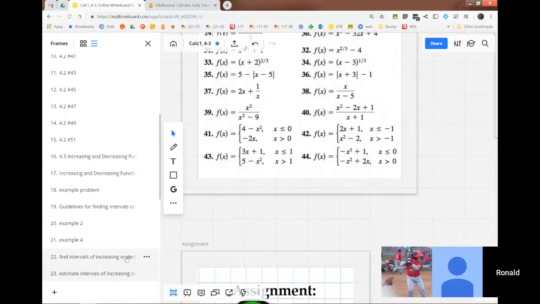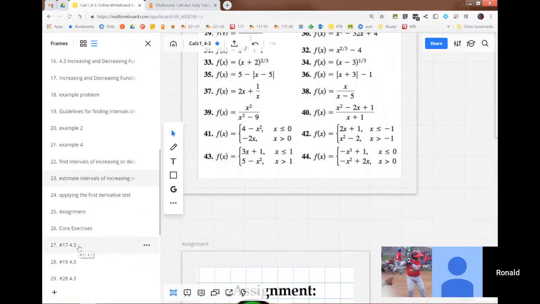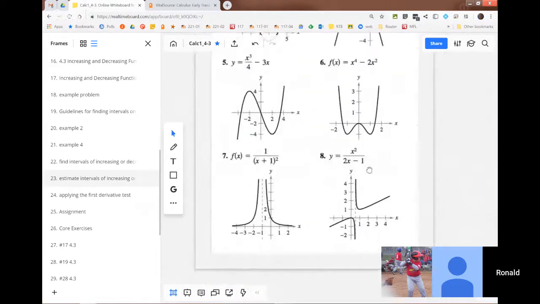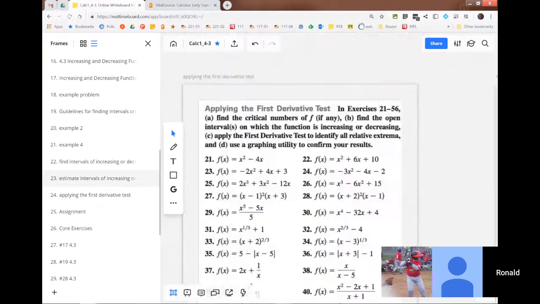So let's see. Let's do a couple more here. How about, here's 4.3, number 17. Is that one in this group? I don't know where 17 is.